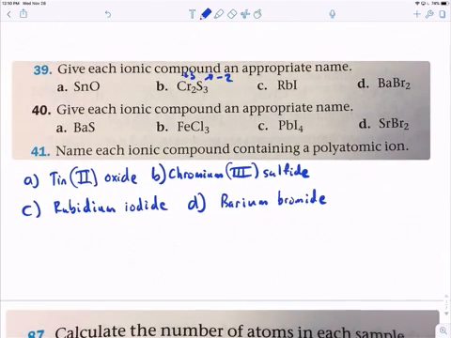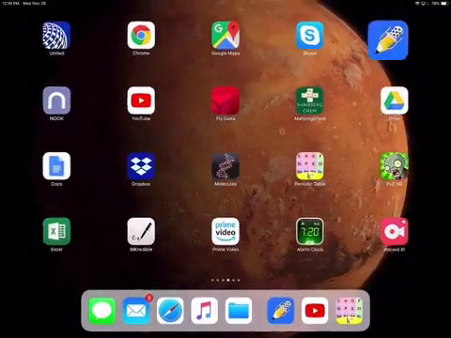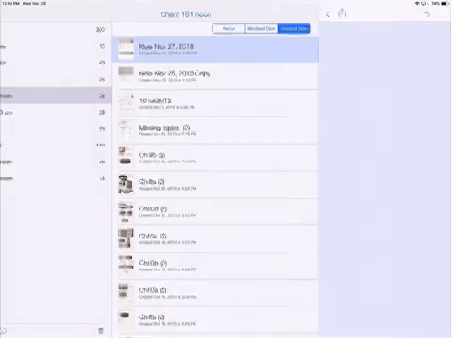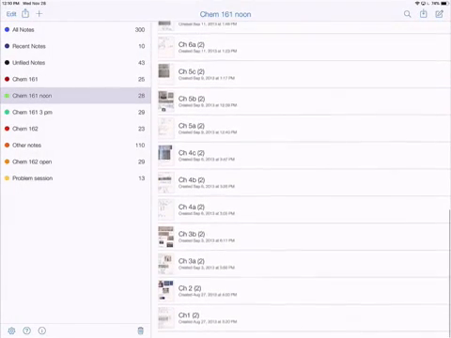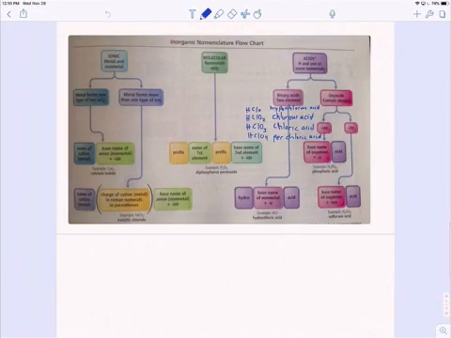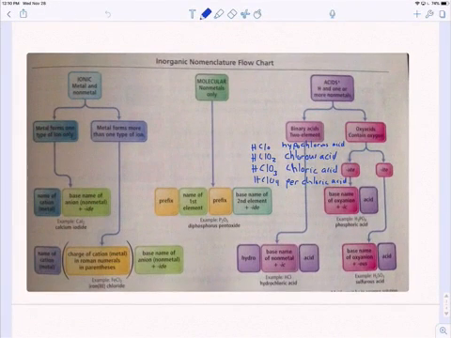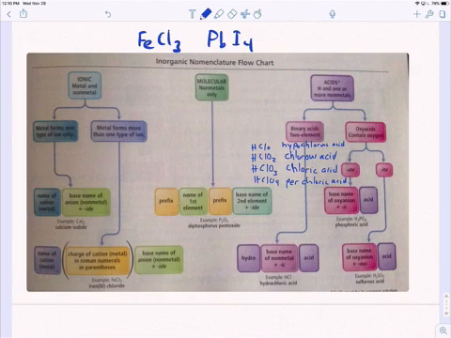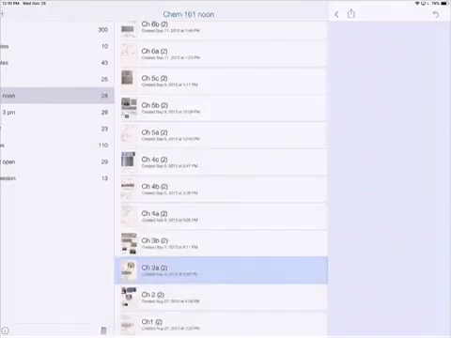So, questions with how to do this? Okay. All right. So I guess it should probably be easiest if I just went to the chart. I know we had FeCl3, PbI4, the other ones?